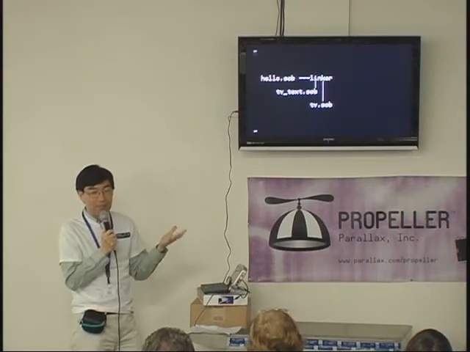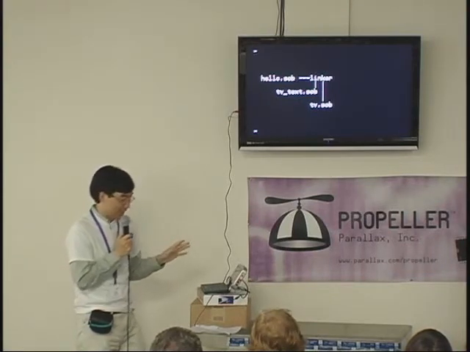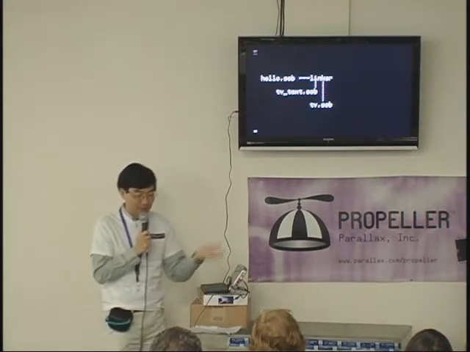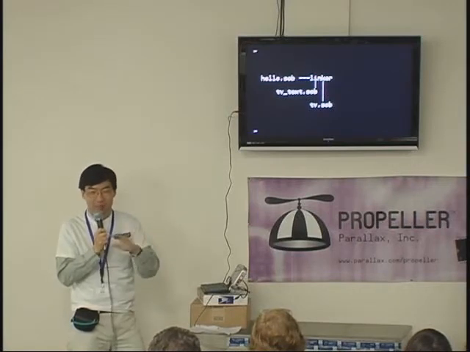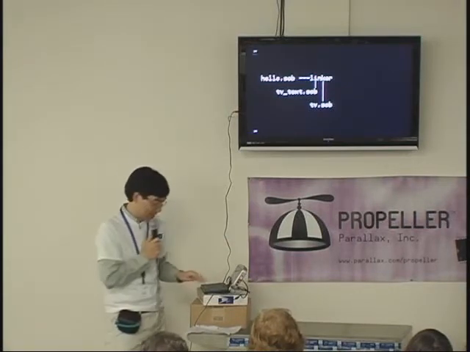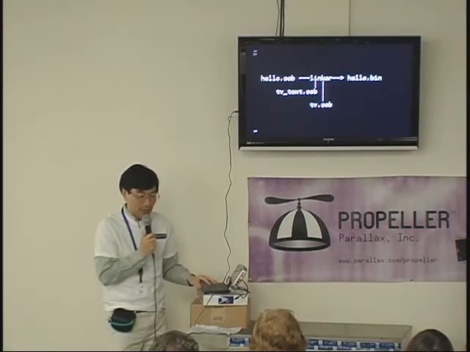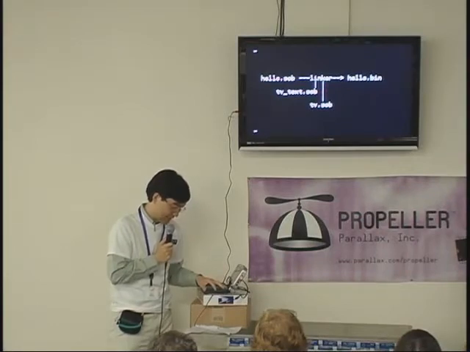So now the linker has read three SOB files, and that's all it needs. Now it does its linking magic, where it figures out how the various objects are going to be laid out in memory, adjusts the pointers, and then writes out an executable binary image to hello.bin. That's how Sphinx compiles a program.